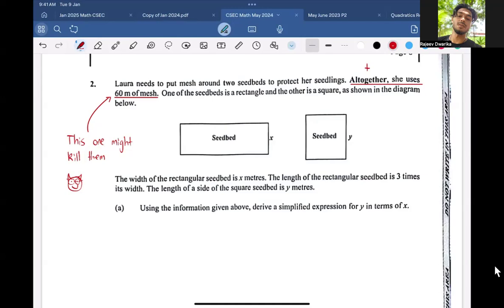And then they're saying what about the width? The length of the rectangular seabed is 3 times its width. So what do I mean?